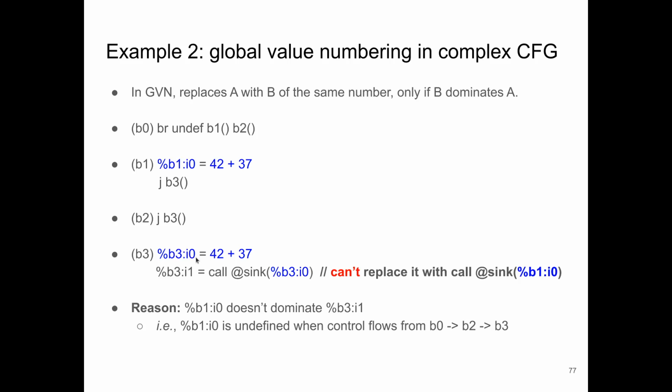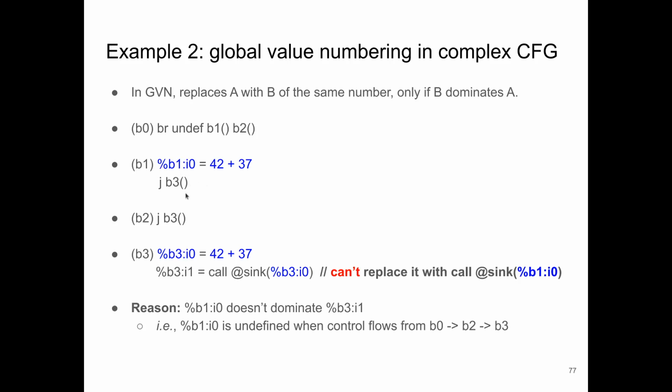They have syntactically equivalent computation, and as a result, they should have the same value. But the problem here is that we should not replace B3's I0 with B1's I0.